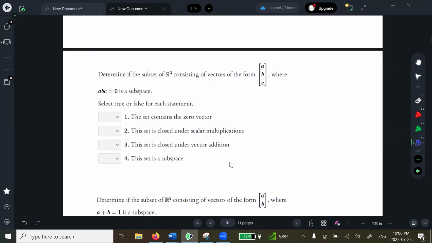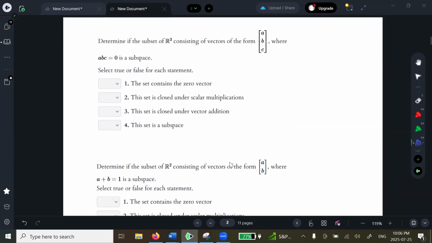Questions that you can expect in exams will typically look like this. So you'll be given the form. Think of it like this. You are given a subset. It has vectors of this form, A, B, C, and there is a condition. Only vectors where the product of 3 elements is 0 are allowed to be in the subset.